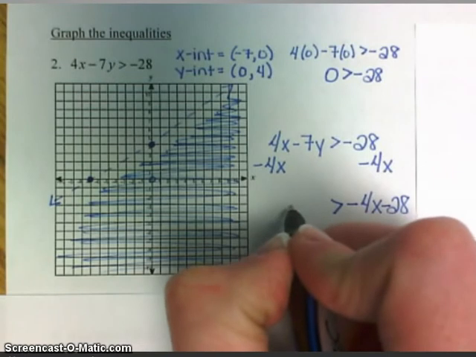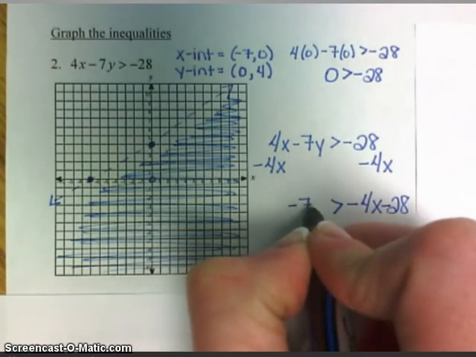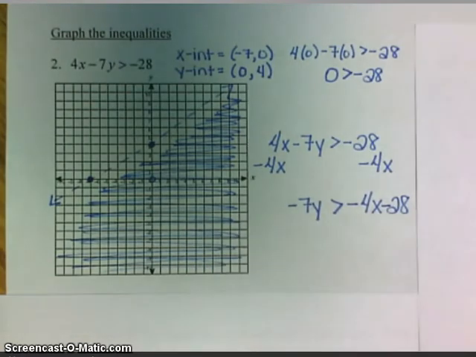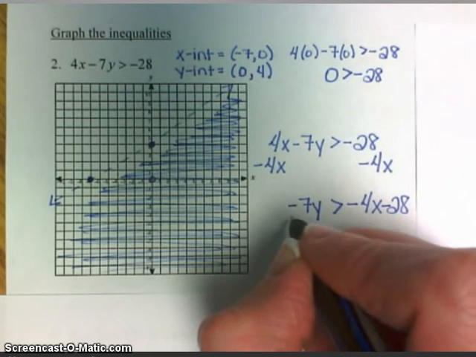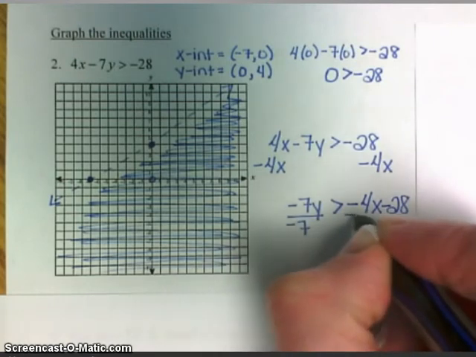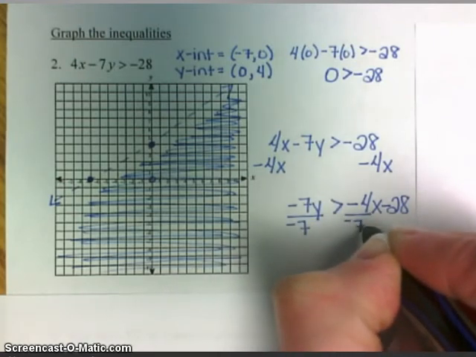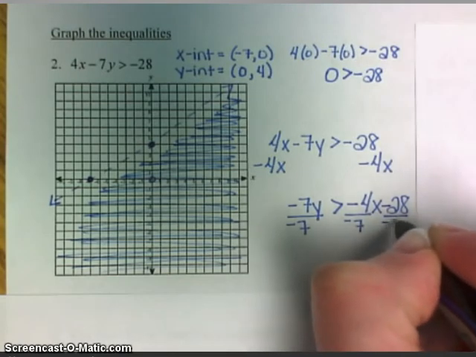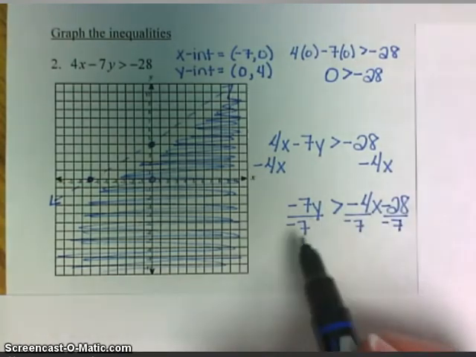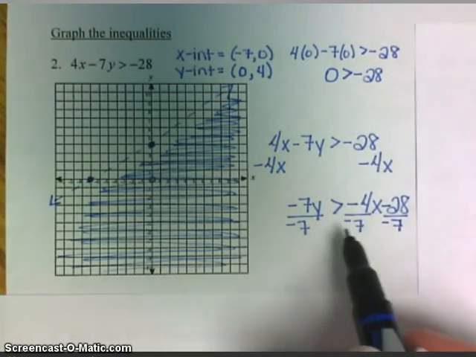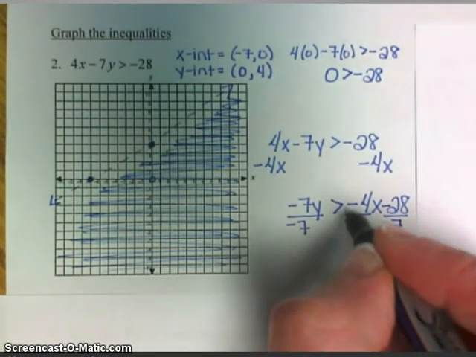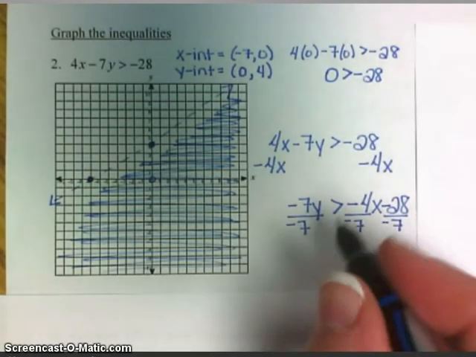This side, I'm left with negative 7y. And then the last step to solve this for y is to divide everything by negative 7. Now what you have to be careful with is that if I'm dividing both sides by a negative number, this inequality symbol must be reversed.